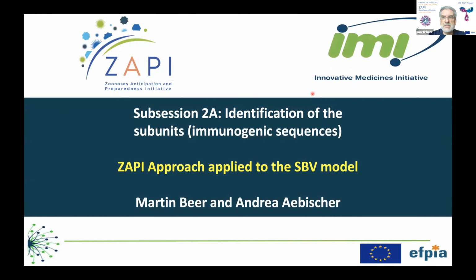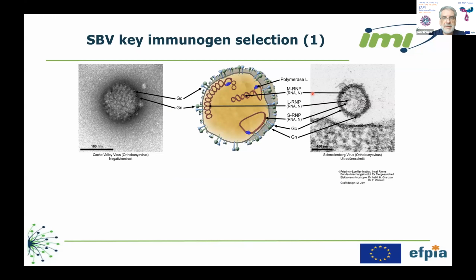So I would start with the ZAPI approach applied to the Schmallenberg virus model, which was mainly done at the FLI. If we go to the Schmallenberg virus and the key immunogen selection, the first question was, which protein is the right one? From orthobunyaviruses, even if it's a completely new virus like Schmallenberg virus, you have some relatives.